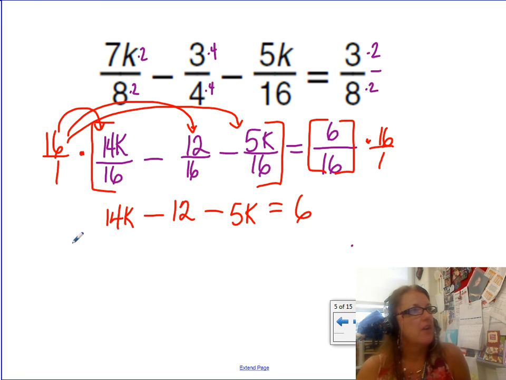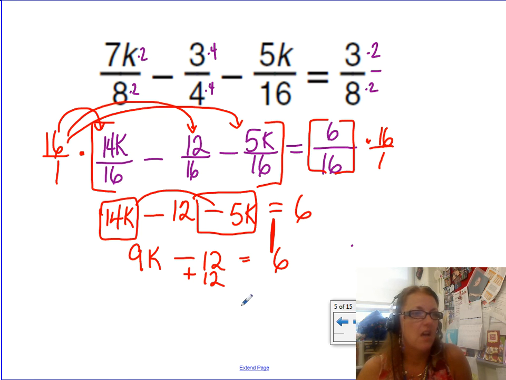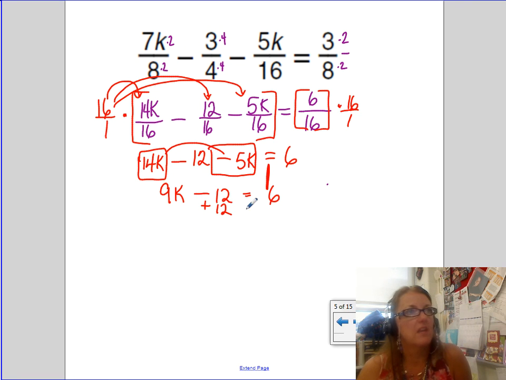Hallelujah. Alrighty, let's simplify. I have a 14k and a minus 5k on the same side of the equation. That means we should combine those two guys together. Then I have minus 12 equals 6. Oh, now this seems like a cakewalk.